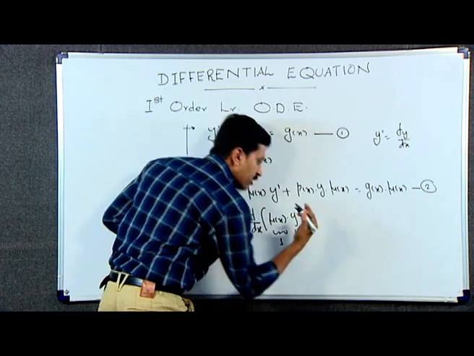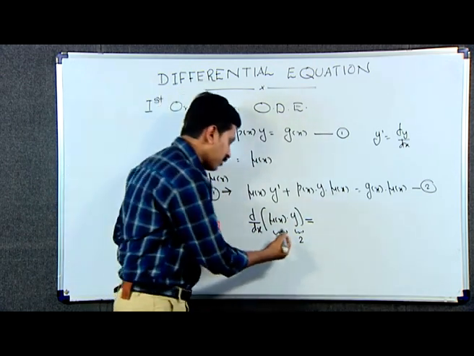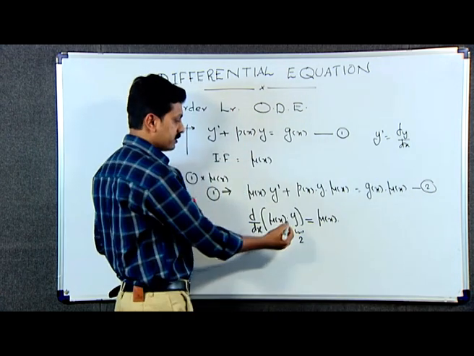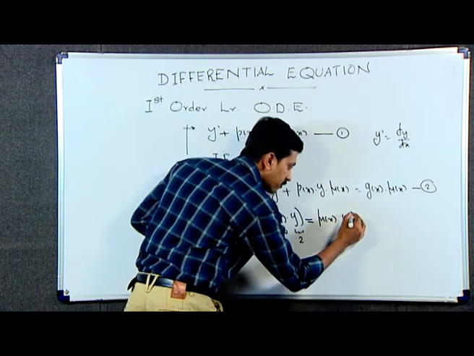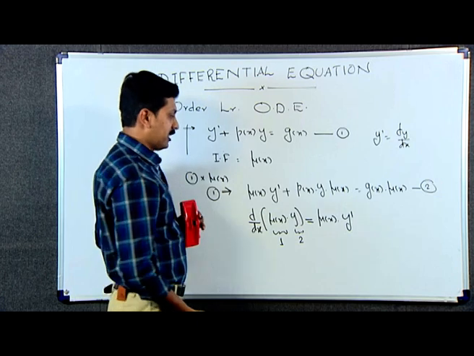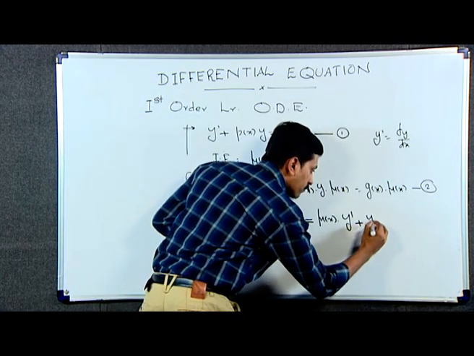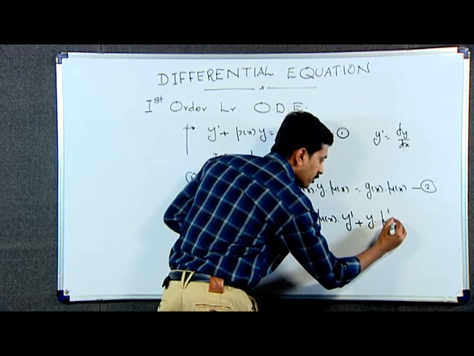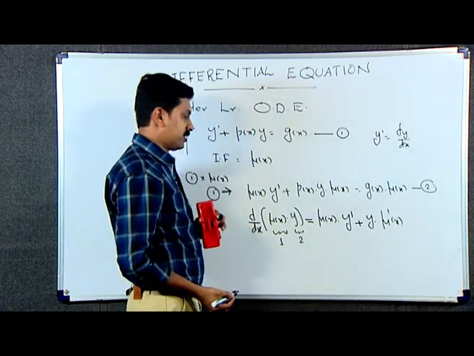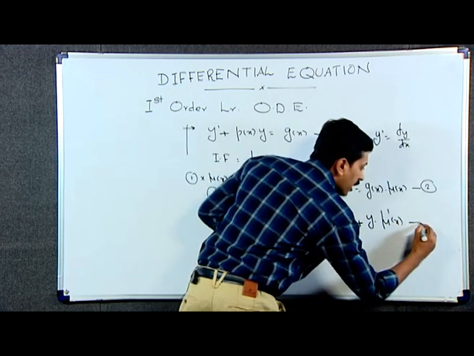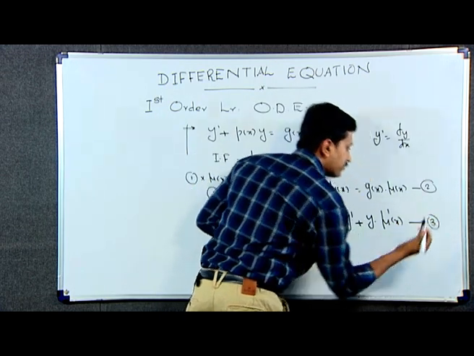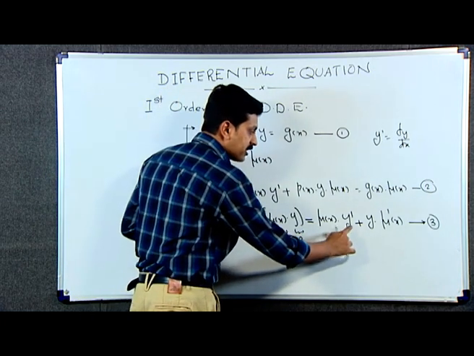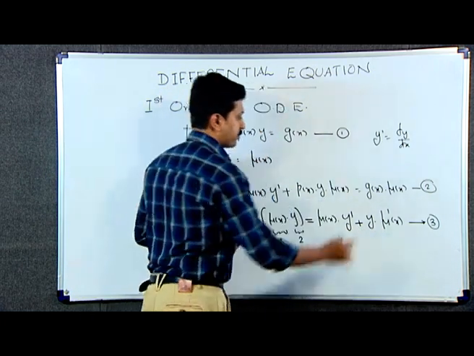Therefore, this is equal to mu(x) y' + y mu'(x). I am putting this as equation number 3.